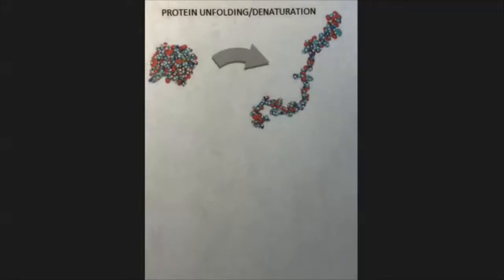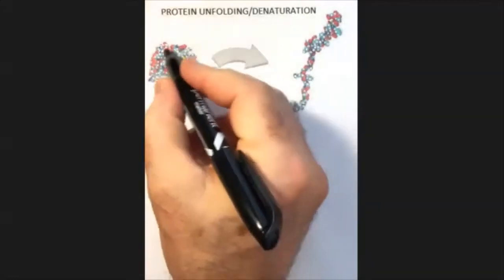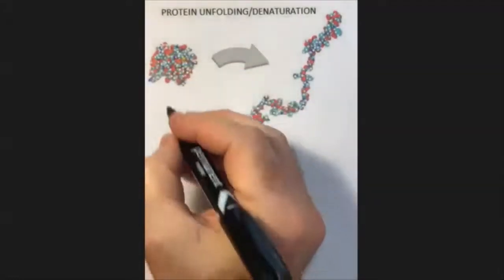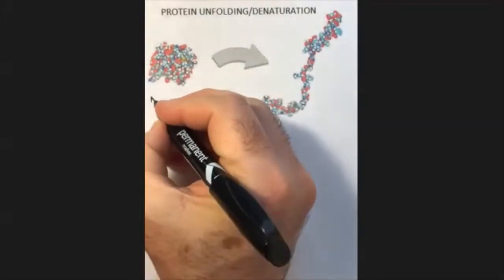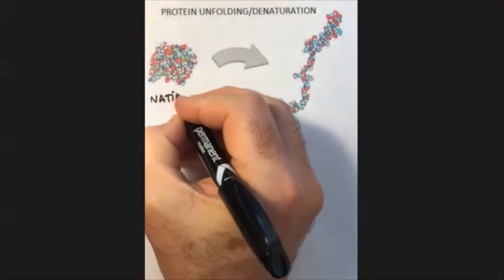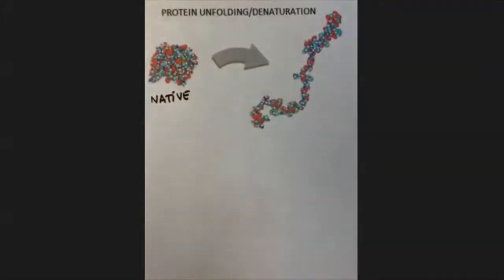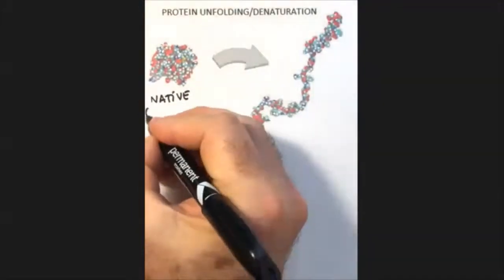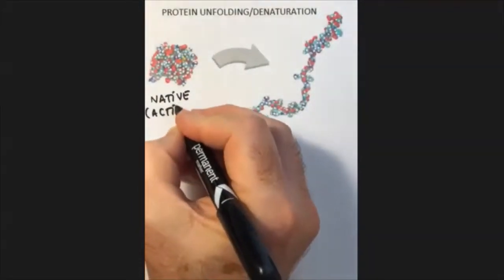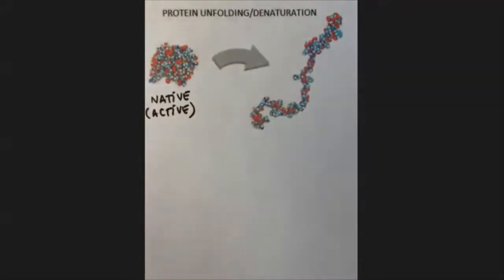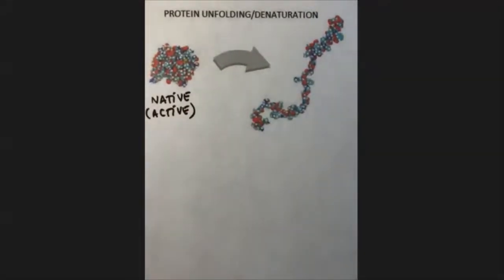So many of these enzymes that I was talking about are globular. In other words, they have a more spherical shape. And this is what is called the native structure. And the native structure of a protein is typically the form that is active biologically. Notice that in order for the protein to exert its function, it has to be folded properly.